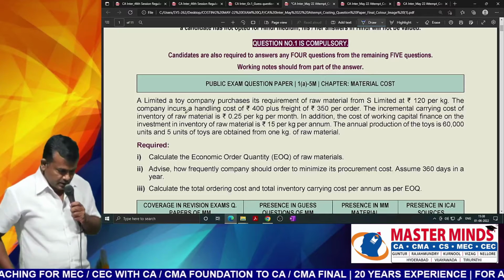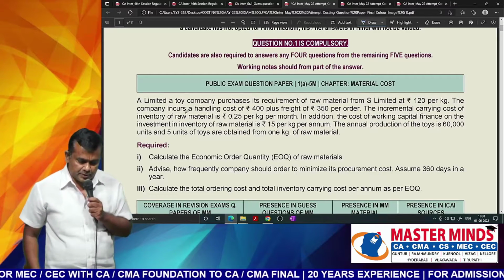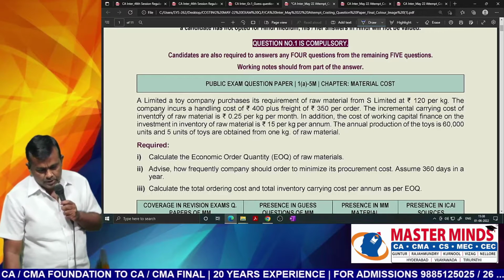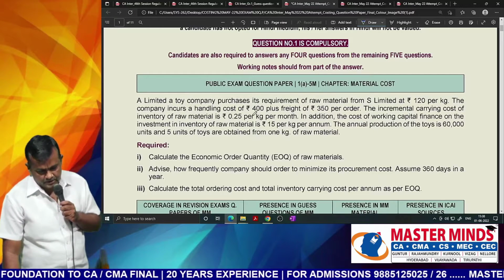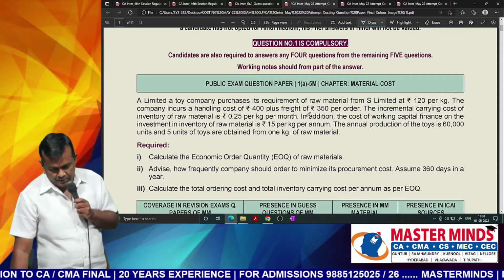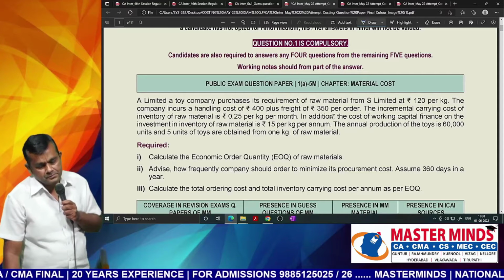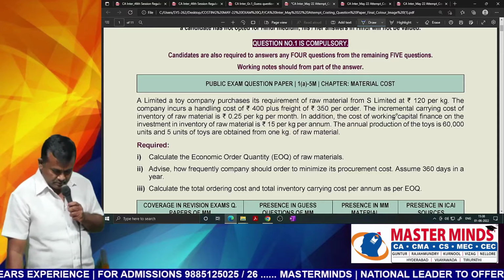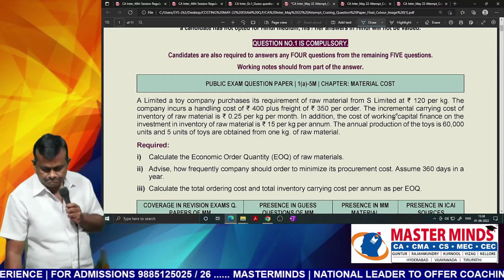The company incurs a handling cost of 400 rupees plus freight charges 350 per order. So in this sentence, ordering cost per order is 400 plus 350, 750. Next, unit price of raw material 120.